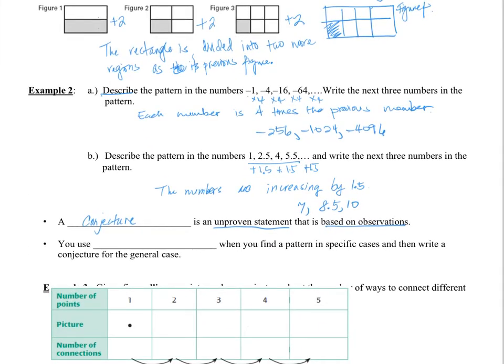And you use inductive reasoning when you find a pattern in specific cases and then write a conjecture for the general case. So this will be your conjecture, and then your conjecture.